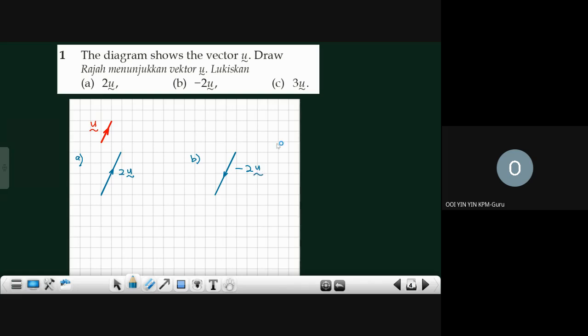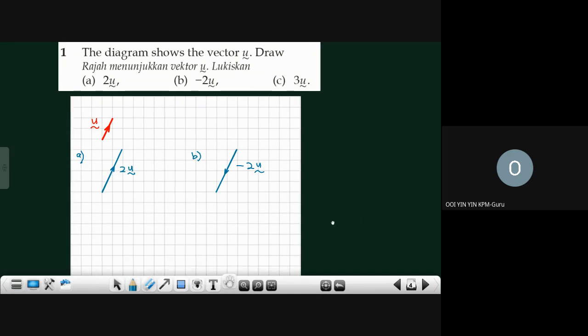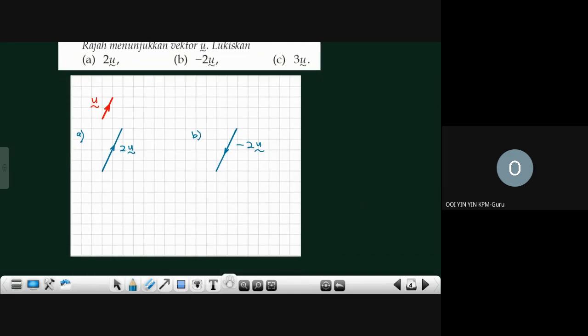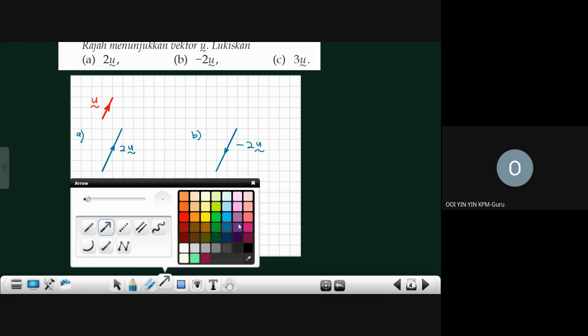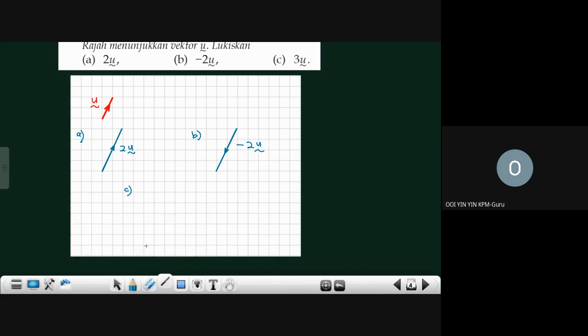Okay, now the last one, C, 3u. You should know how to draw it, right? 3u. I have to make it at the center here. C, 3u. Yeah, it'll be longer. So I start from here. 1 unit, 2 units, 3 units. Okay, like this. So this is your 3u.